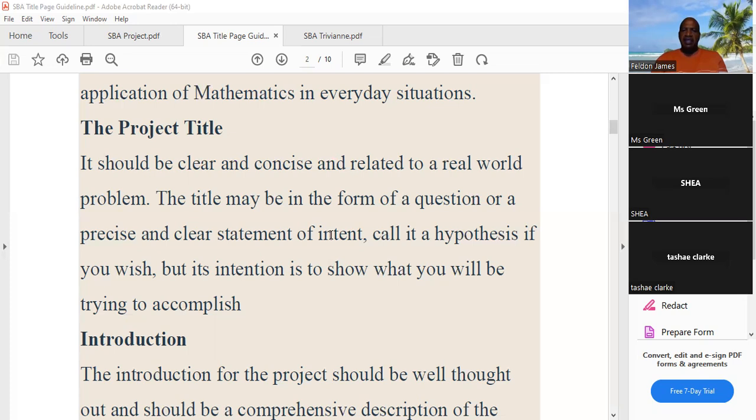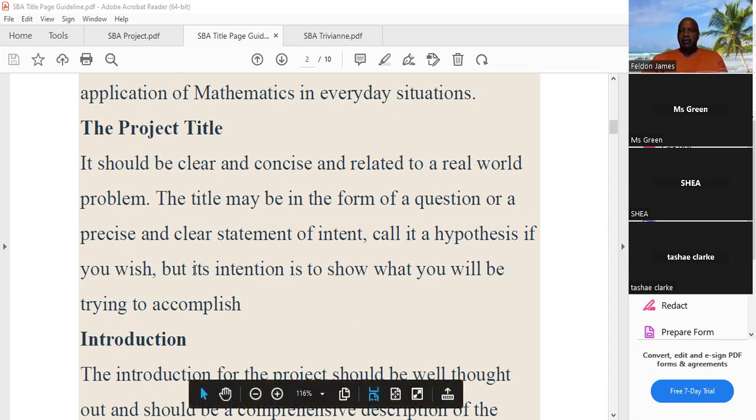If you don't get most, but instead you get a few students only buy bag juice and banana chips, then that would indicate that your claim would be false, right? So in that case where you're making a claim, then you're collecting data to prove whether or not your claim is correct or it is incorrect.